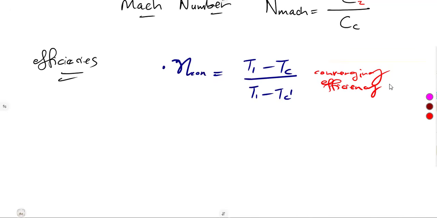I'm not going to write in full, guys, for the sake of time. Some can just use the efficiency like this with a C. Then the diverging, they can just use a D, like this, diverging. So we saw diverging from what? From C to 2. So the formulas are there.